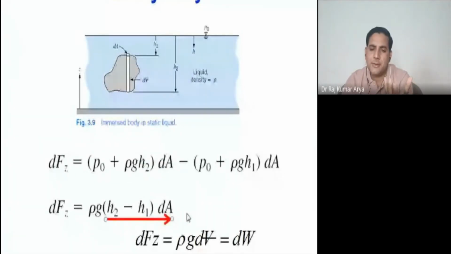Volume of what? If this object is not there, this is the volume of this particular object, and that would be the volume of your fluid also. So same volume. Fluid volume multiplied by the density is the mass of the fluid only, and multiplied by g is the weight of the fluid. So finally, you are getting the weight of the fluid displaced by the object only.